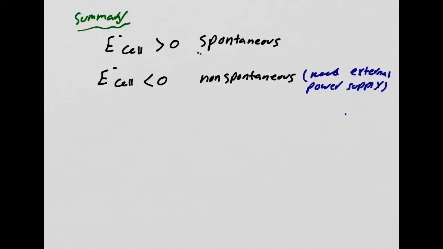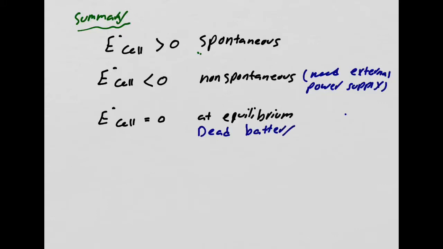Now, what happens if the E cell equals 0? That means you are at equilibrium. No work can be done. Also, what that means is you have a dead battery. Because remember, a lot of the redox has to do with batteries. All these reactions are going on.